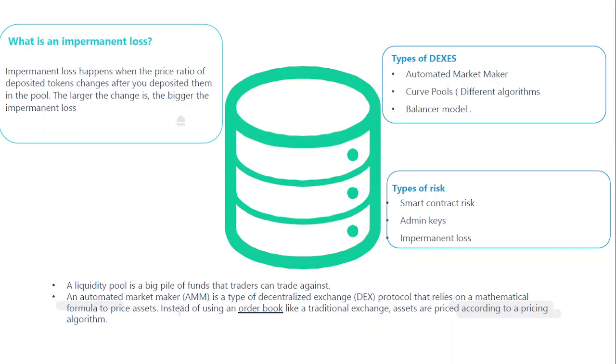Although there are layer 2 solutions like Loopring, which does use an order book model, the reason why an order book model is not popular is because of a couple of things. It boils down to how a blockchain and smart contracts work. It's similar to the concept I told you about, why websites and social media apps aren't that actively used on blockchains.